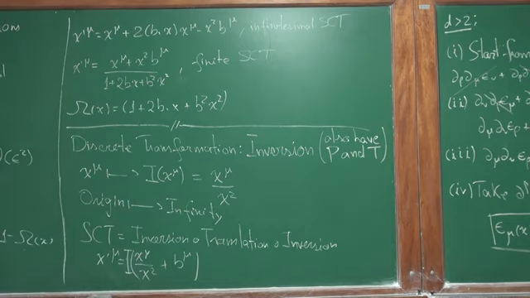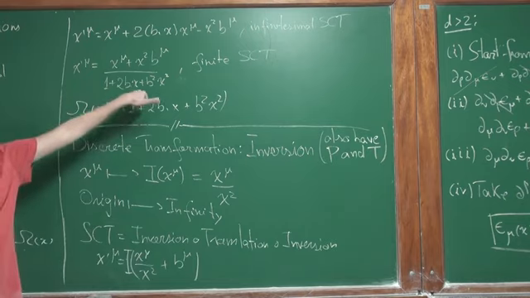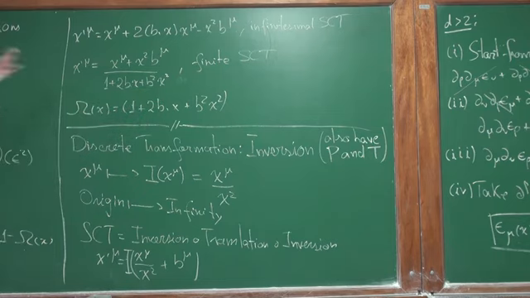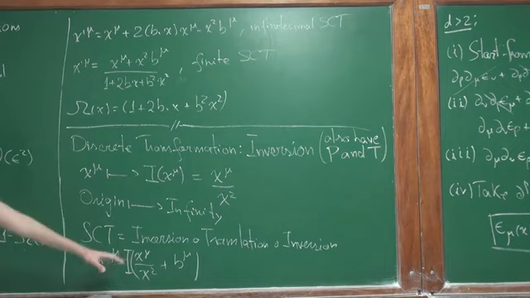If you do this, you end up with this. So a special conformal transformation is like a translation of the inverses, if you want. That's kind of the reason why it's hard to picture what they do, like an actual picture. But this makes it more intuitive.